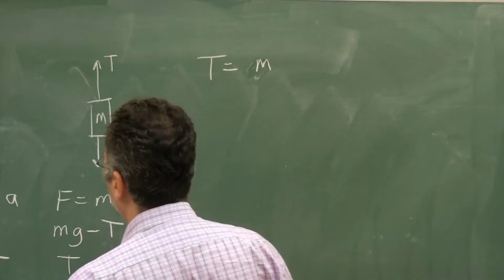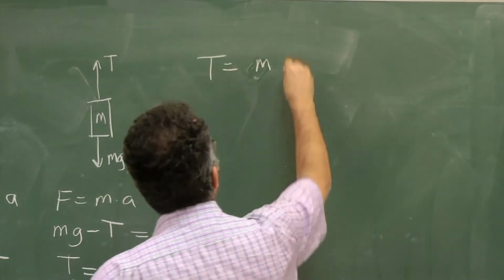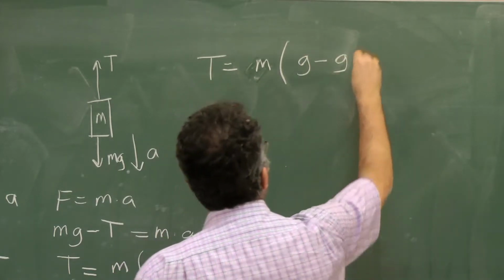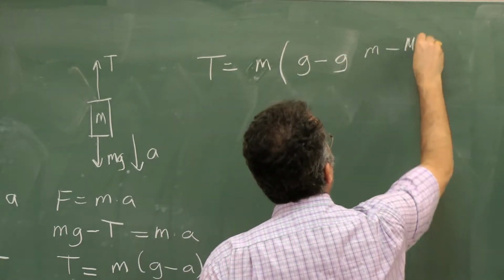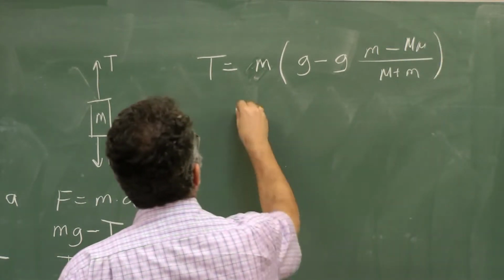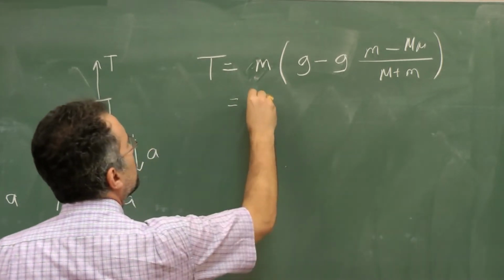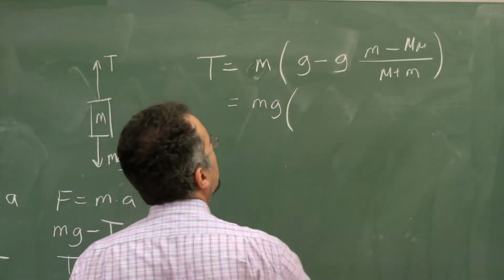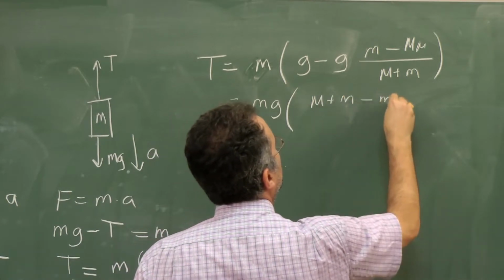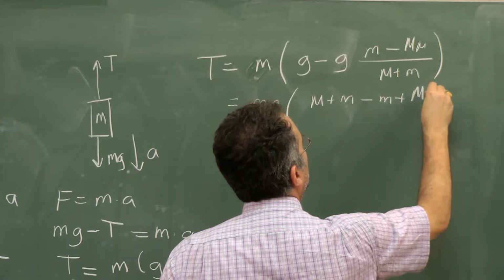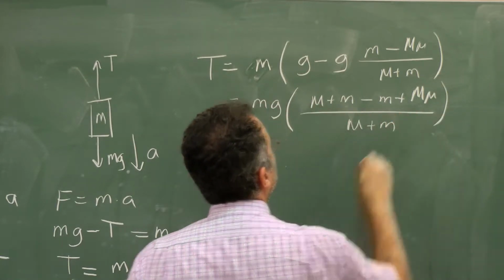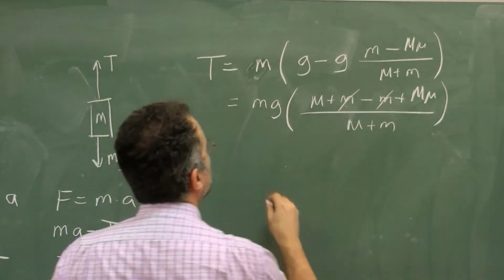So I do know a, so my final answer for the tension in the rope will be little m times (g minus g times (m minus M mu) over (m plus M)). This will simplify to mg times ((m plus M) minus (m minus M mu)) over (m plus M). These cancel.